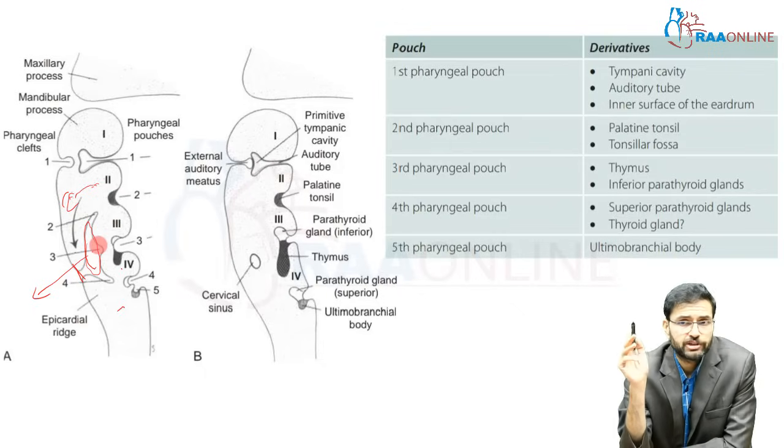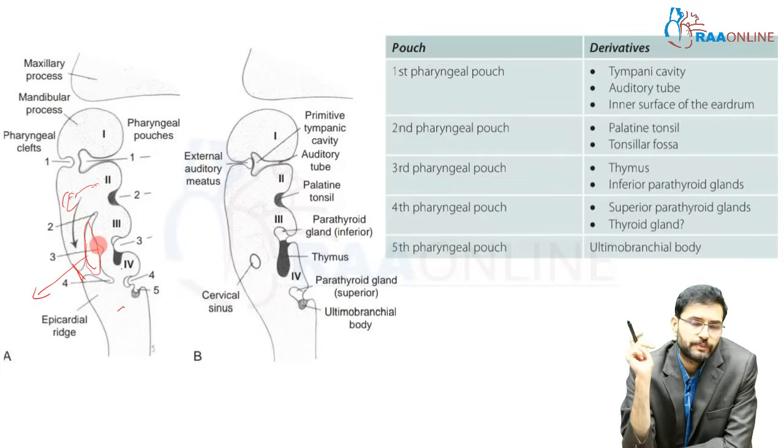In all structures except for the first pharyngeal pouch, you have a ventral derivative and a dorsal derivative from each pharyngeal pouch. In the first pharyngeal pouch, the ventral derivative completely gets obliterated. Only the dorsal wing of the first pharyngeal pouch persists.